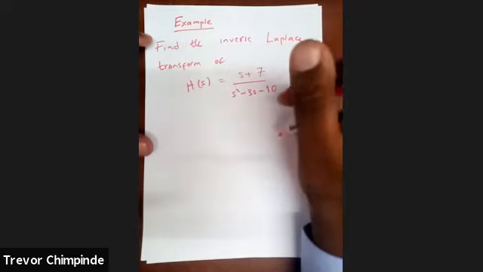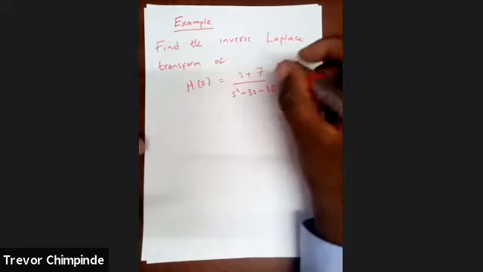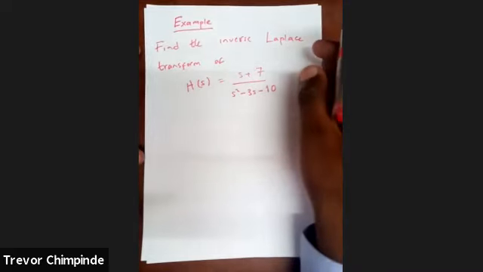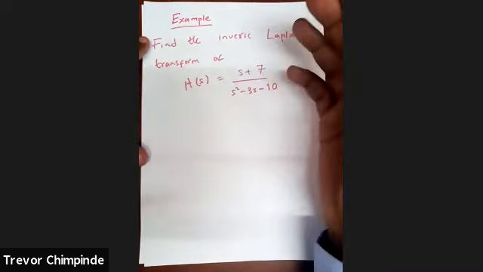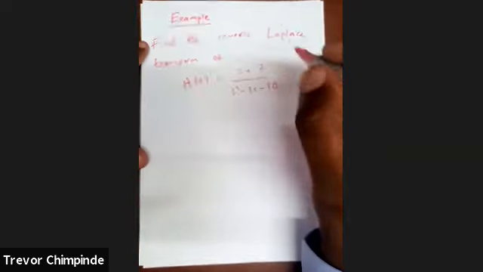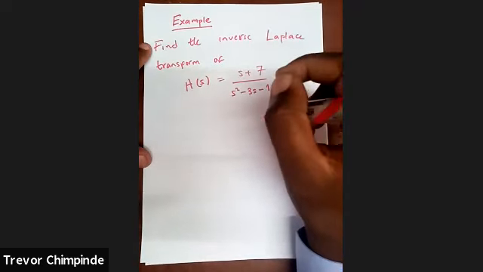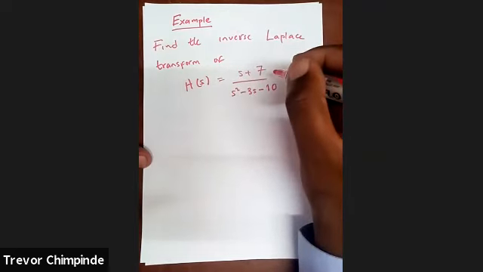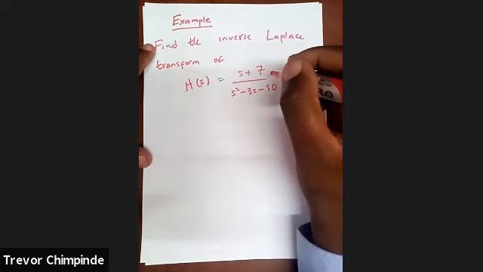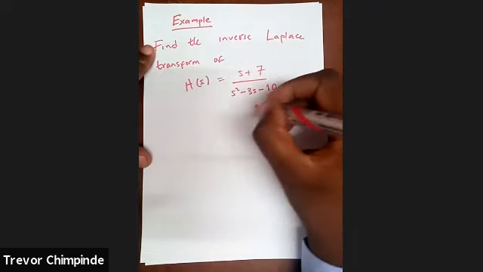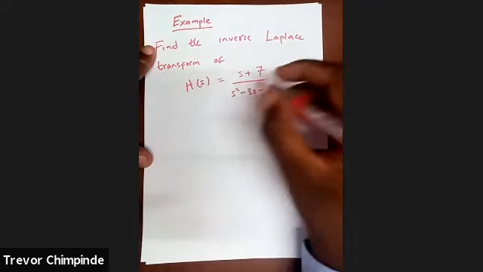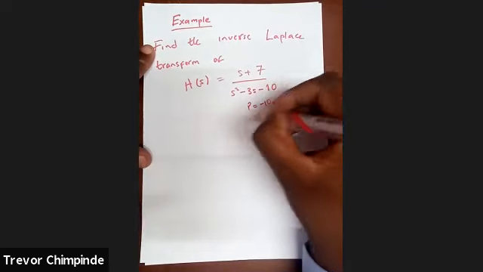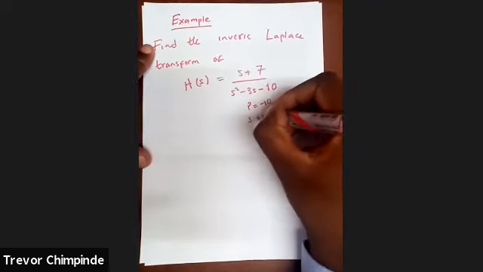Now I want to find the inverse Laplace. It would be tempting to look at the denominator and start completing the square, which is also correct. There'd be nothing wrong with it. However, we notice that this denominator we can factorize, because if you just look at this as a quadratic, the product is -10 and the sum is -3.